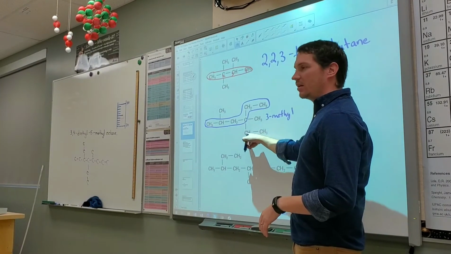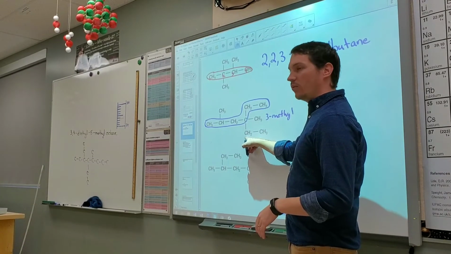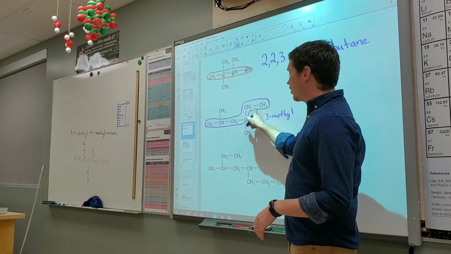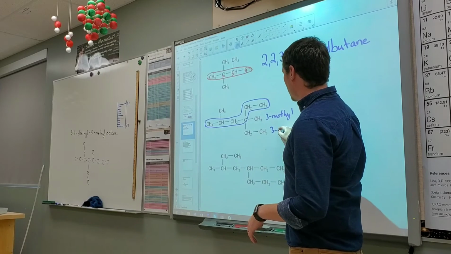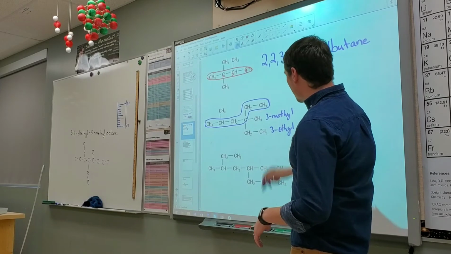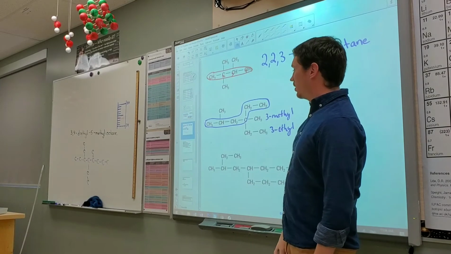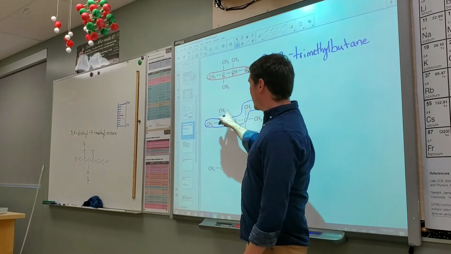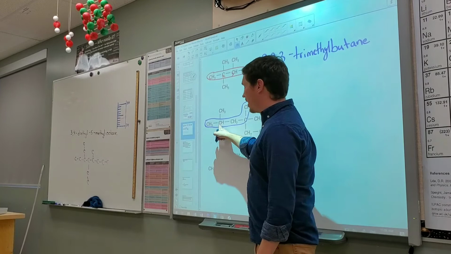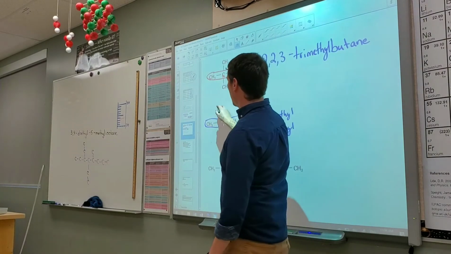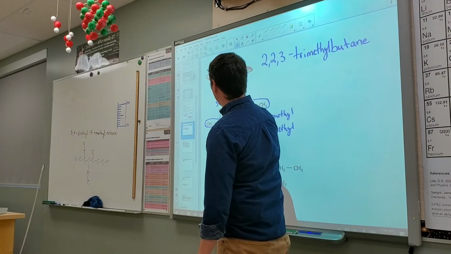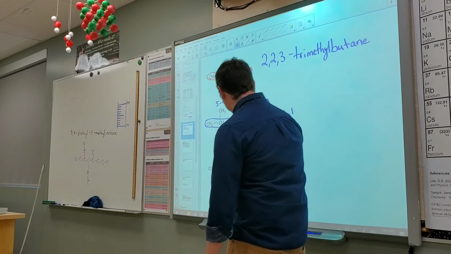That's an ethyl, and what is it attached to? Carbon 3, so that's going to be a 3-ethyl group. And then what about the last one? It's attached to 1, 2, 3, 4, 5. It's attached to carbon number 5, and it's a methyl, so that's a 5-methyl group.